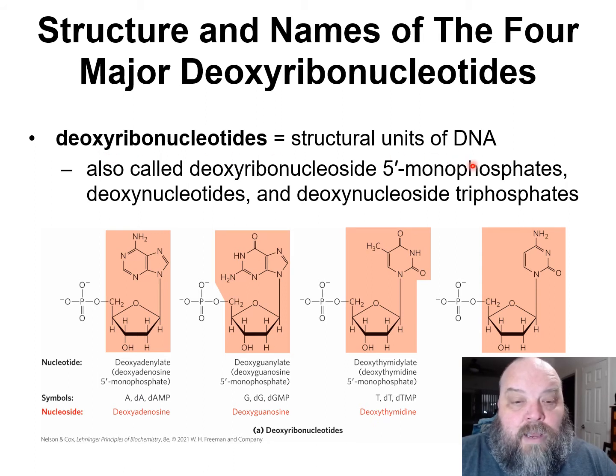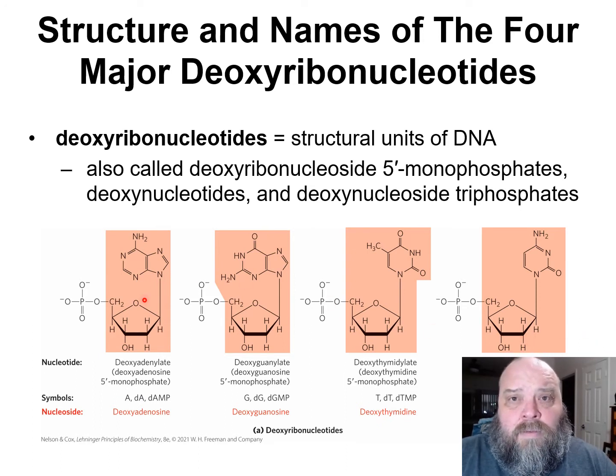These deoxyribonucleic acids, what we refer to as DNA nucleotides, the correct terminology for them is actually deoxyribonucleoside 5' monophosphate. But you know what? That's just a little too much to say. When you look down here: deoxyadenylate, deoxyguanylate, deoxythymylate, deoxycytylate.